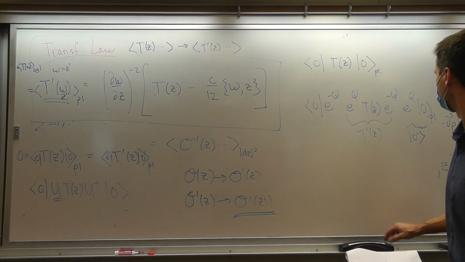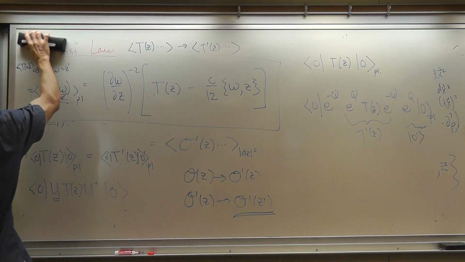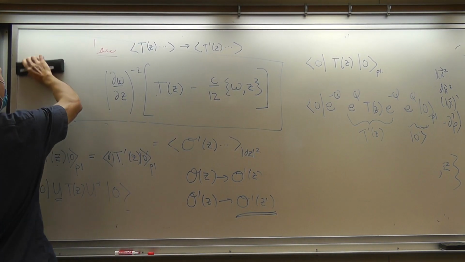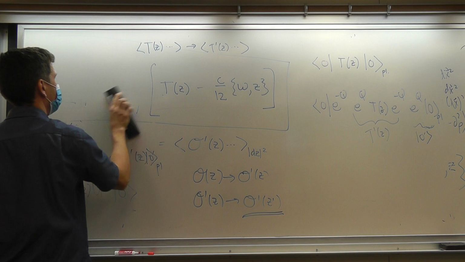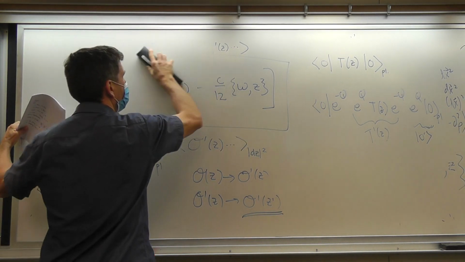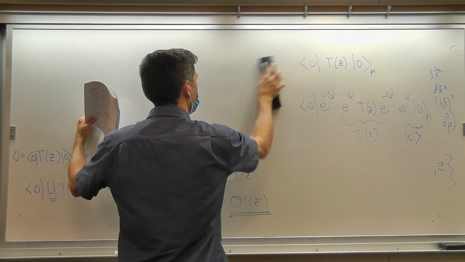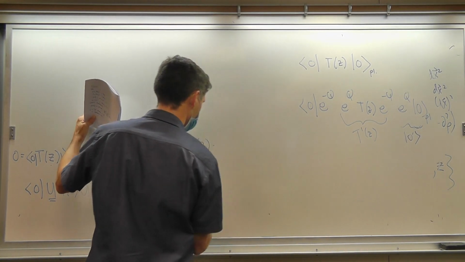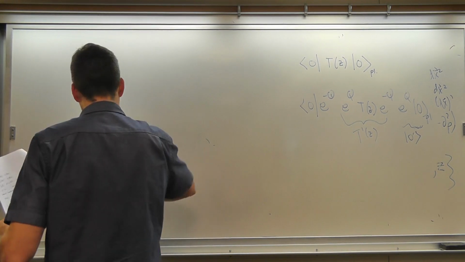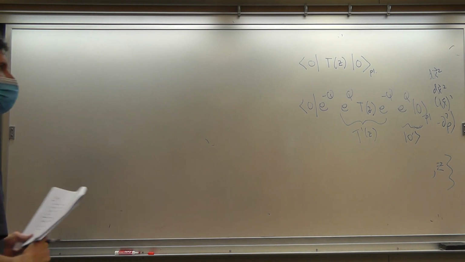I have another question. You wrote the same state 0 prime on both sides of that expectation value. But I thought we saw before that these U's are not unitary. In which case U inverse is not U dagger, and the two zeros get transformed into different things.